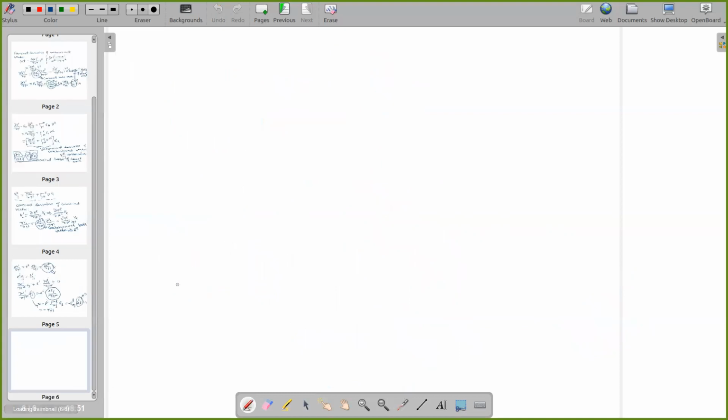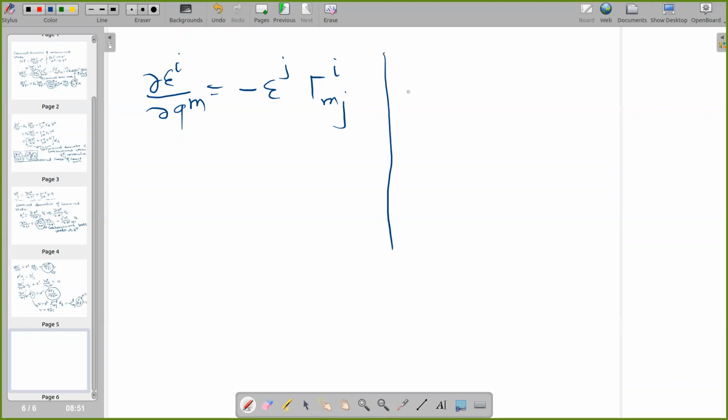So here, the vector relation is here. Let's recall this vector relation.